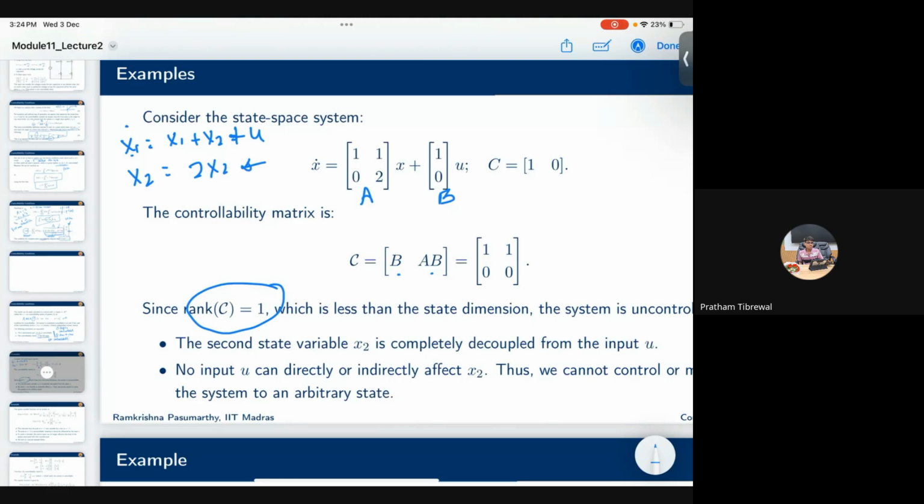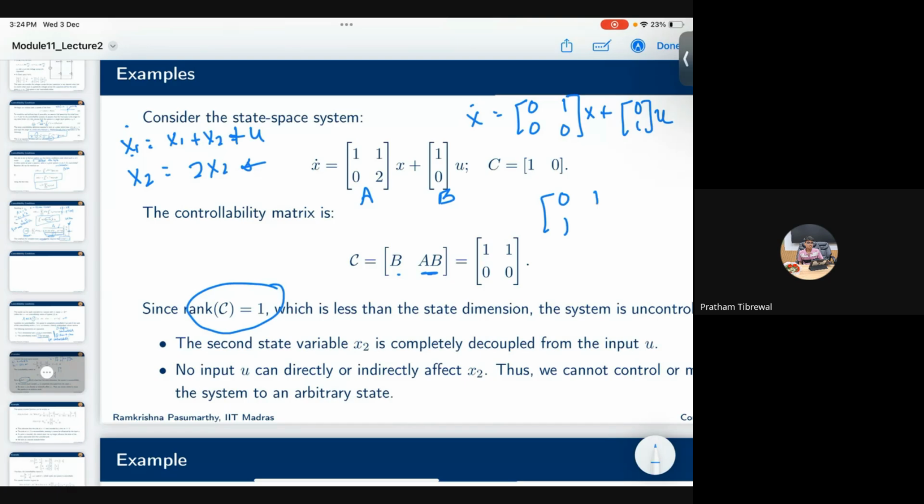Now similarly, if I do another example, say x dot is 0, 1, 0, 0, x plus 0, 1 times u. Now first we'll check is the system controllable. I look at the B matrix. So B is 0, 1. What is AB for this?